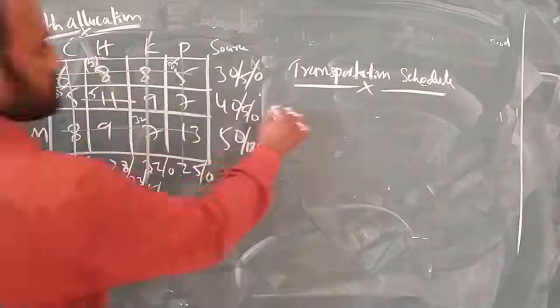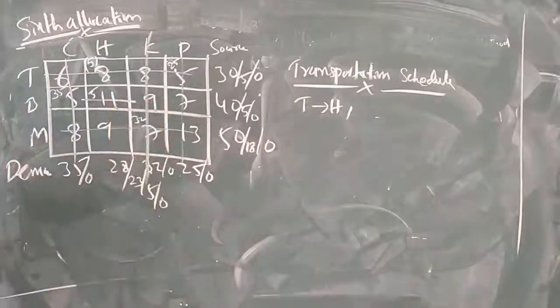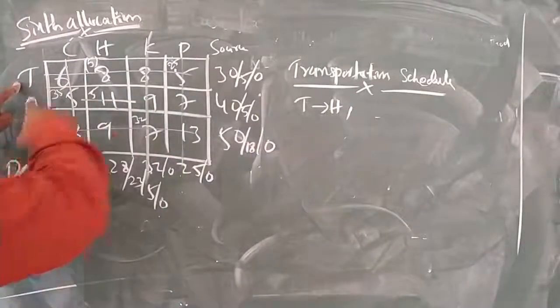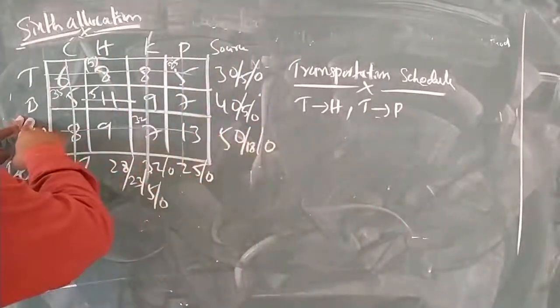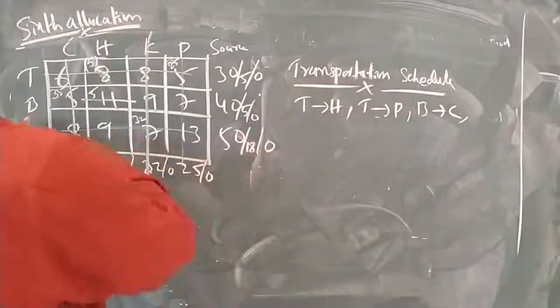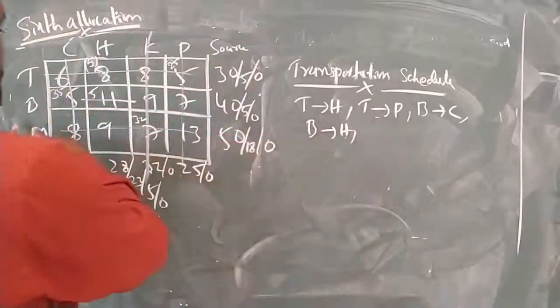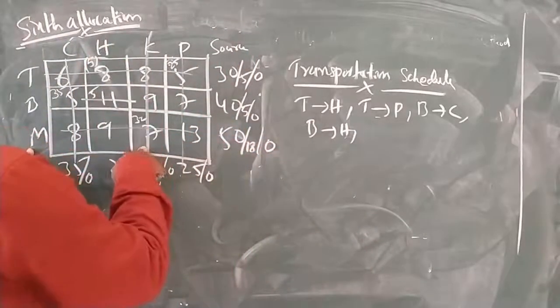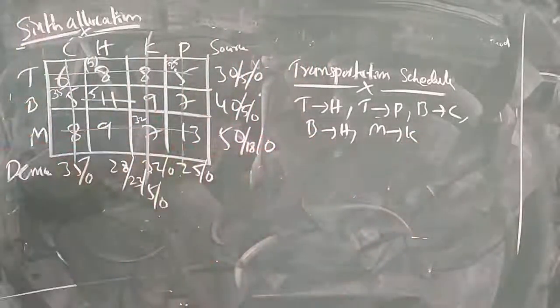From T to H, next T to P. Second transportation table from B to C. Next we have from B to H. Next we have M to K. So only M to K. This many we have. So the total transportation cost we will find out now.